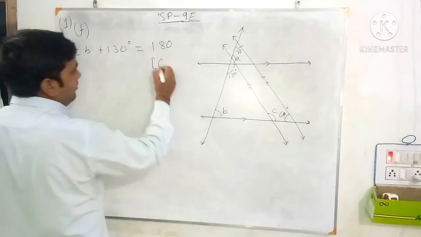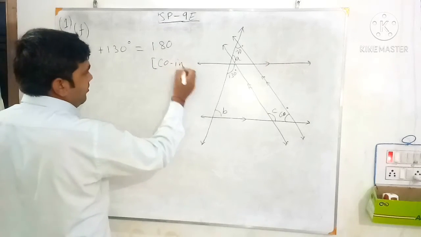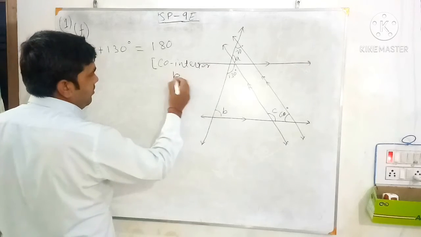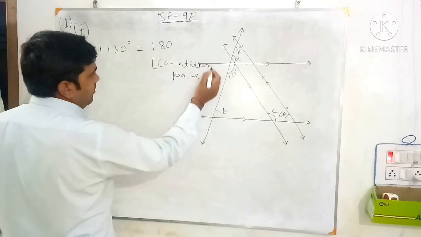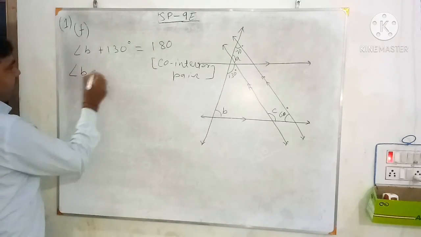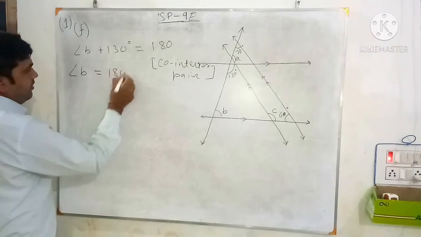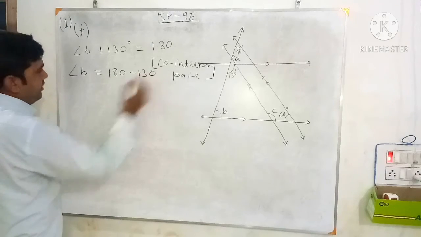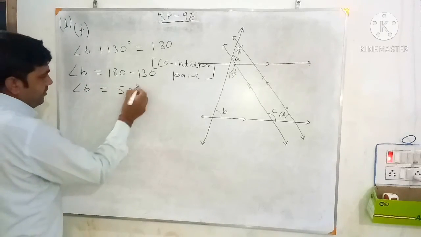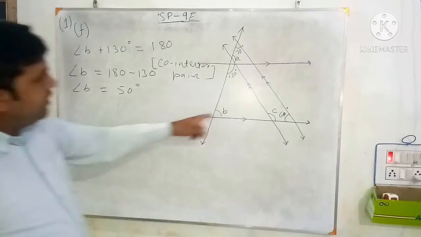Co-interior pair. So angle B is equals to 180 minus 130. That is, angle B is equals to 50 degree. So we have got the angle B 50 degree.